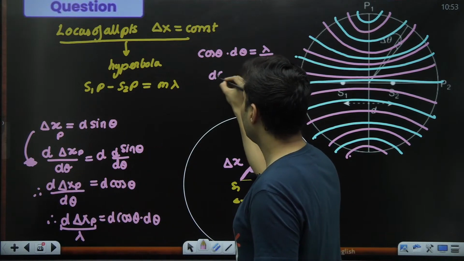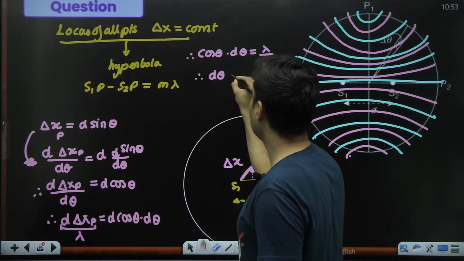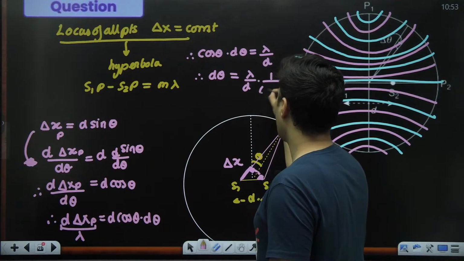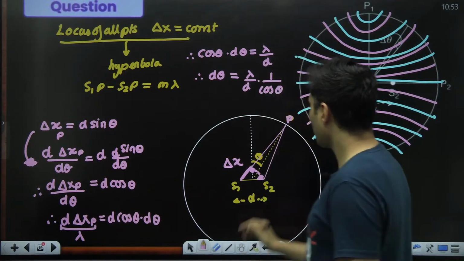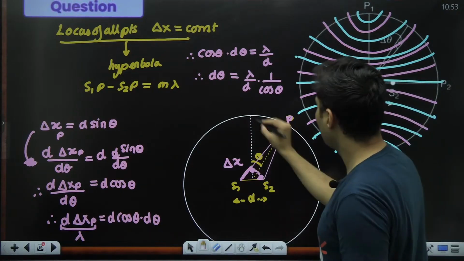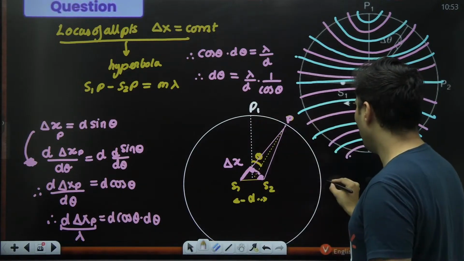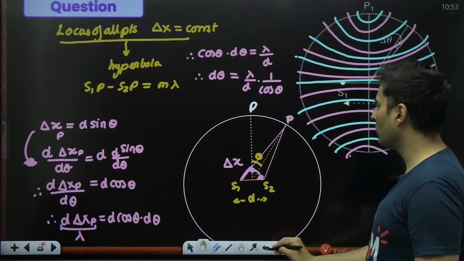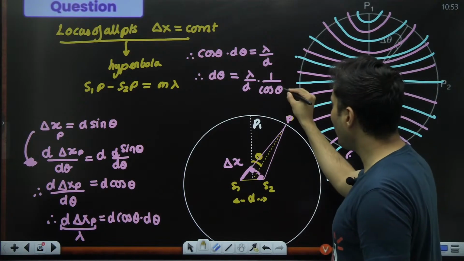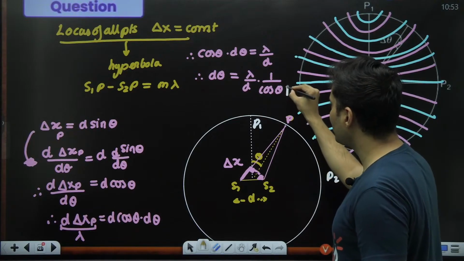So therefore d theta will be lambda by d, and you have cos theta over here. So if you go from this point to this point, from point P1 to point P2, where P1 is here and P2 is here, what will happen to theta? Theta will obviously increase.